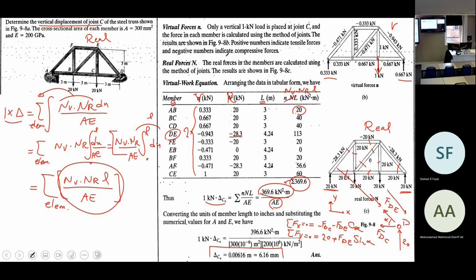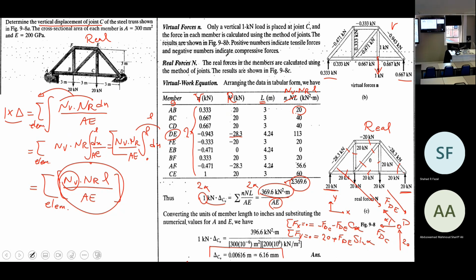When you go here, this one will be doubled because all these terms have something from the virtual structure, which is doubled. And this one should be 2. So in the left-hand side, you will have 2. The left-hand side is doubled, and the right-hand side is doubled. Nothing changes.